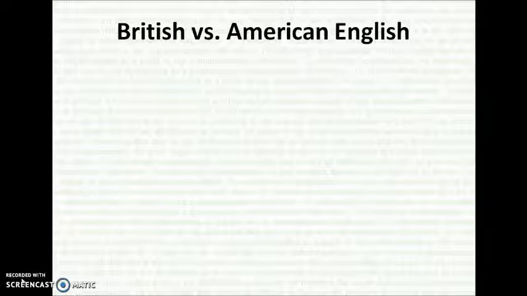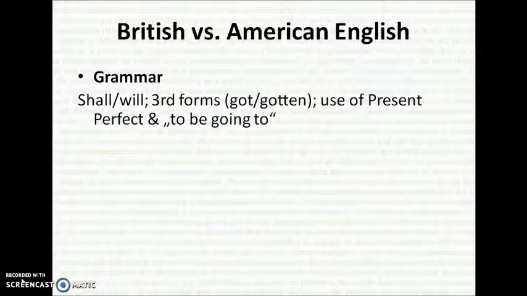The first difference between British and American English is some grammatical features. For example, British people often use shall in future tense, as in I shall or shall I, in first and second person singular and first person plural, whereas American people simply use will.